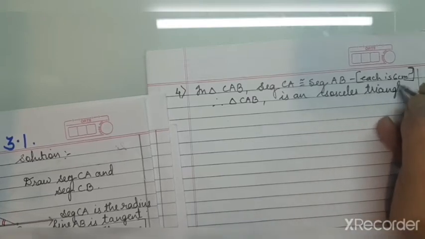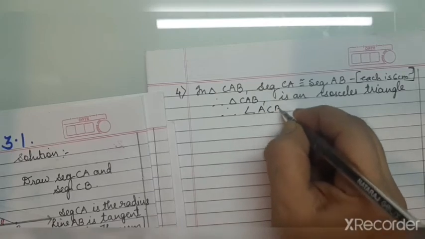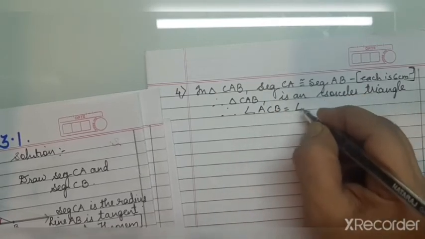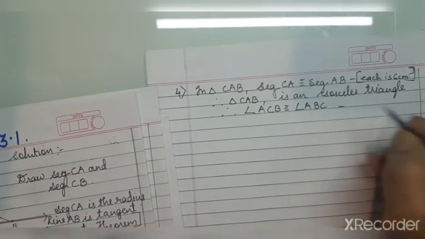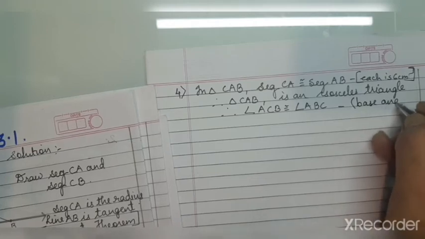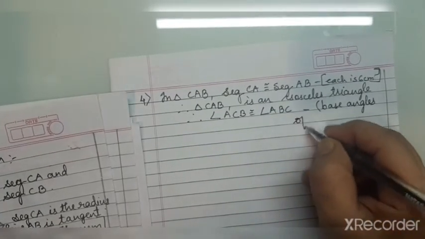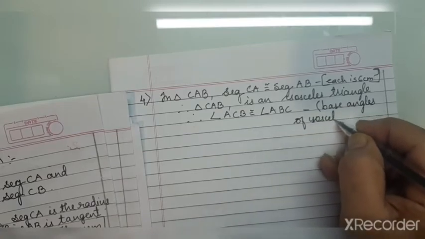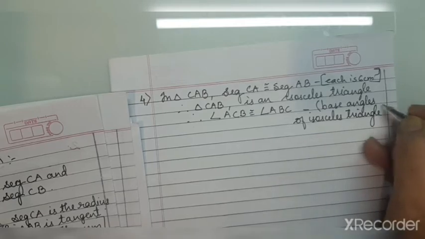Okay, therefore angle ACB is equal to angle ABC. Okay, so you can write base angles of isosceles triangle. Clear?